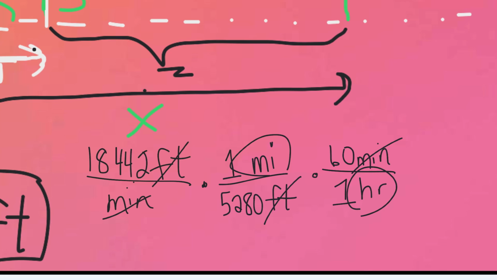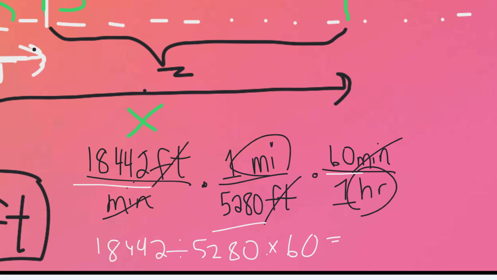To find that number, we're going to do 18,442 divided by 5,280 times 60. And that gets us our final answer, a rounded answer of 210 miles per hour.